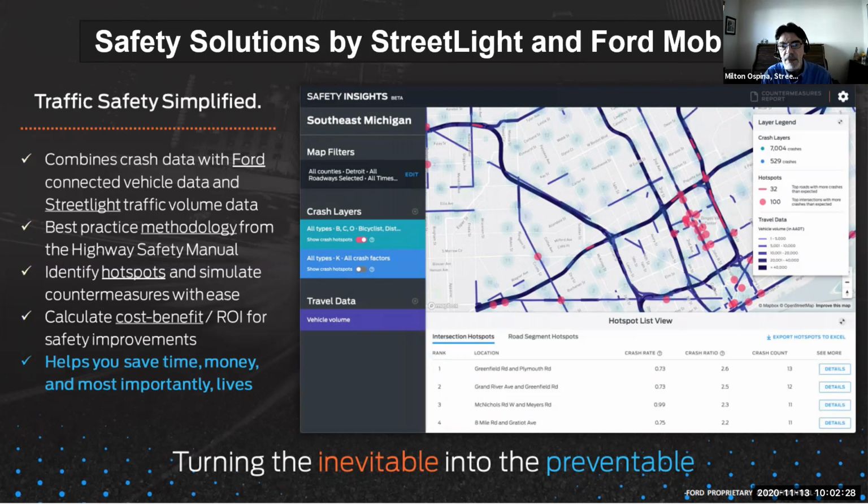We implement a lot of the measures of the Federal Highway Safety Manual, and then we bring volume data for commercial vehicle, passenger, bike, and ped into our platform and combine the two to make a determination as to where those accidents are happening and what kind of measures, they're called countermeasures in the safety industry, need to be applied, and then calculate a cost-benefit analysis of what it will cost to implement modifications to the road and things like that in order to save lives.